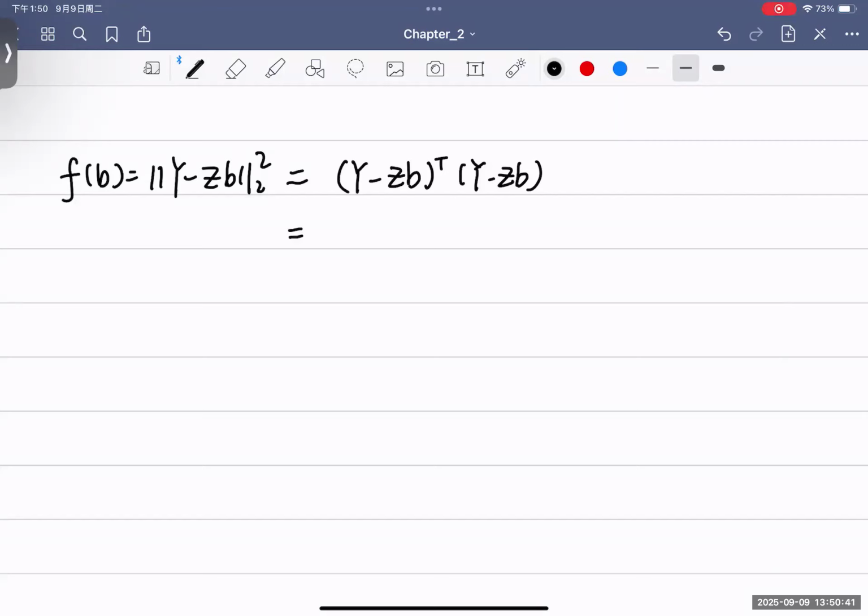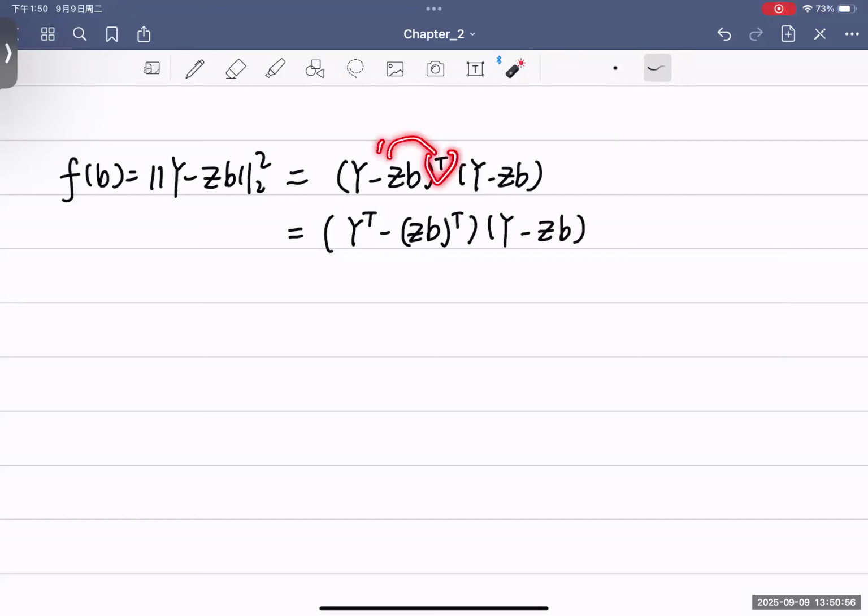So we can first make some decomposition. The first term becomes y transpose minus zb transpose, times y minus zb. So we're taking the transpose inside. Then it's this element minus this element, times these two elements.